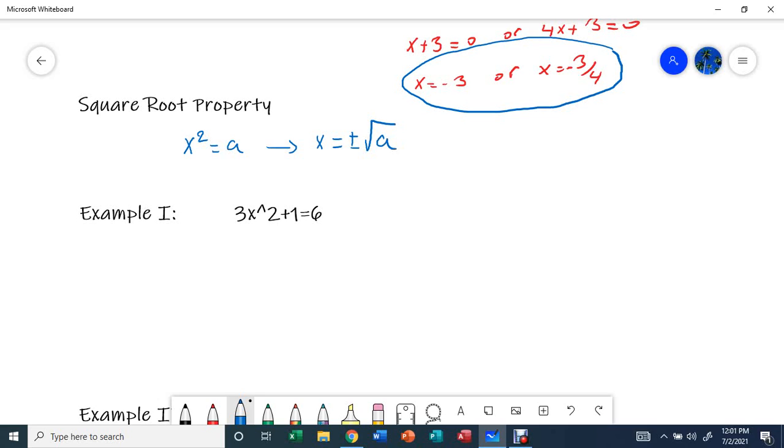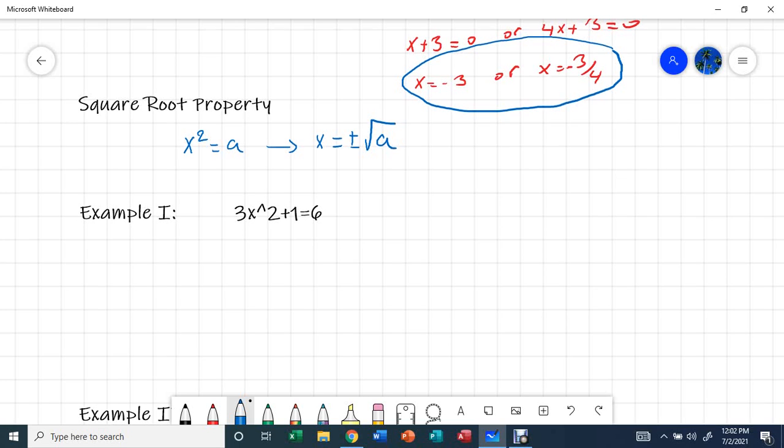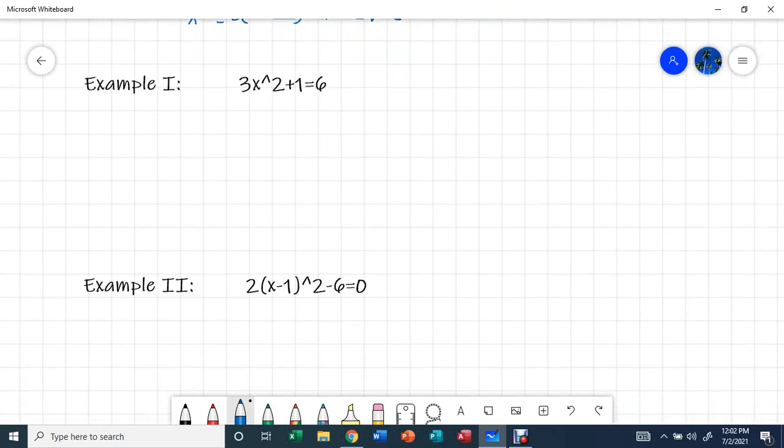So that's the square root property. So let's use it to solve a couple of examples. So the first one is 3x squared plus 1 equals 6.